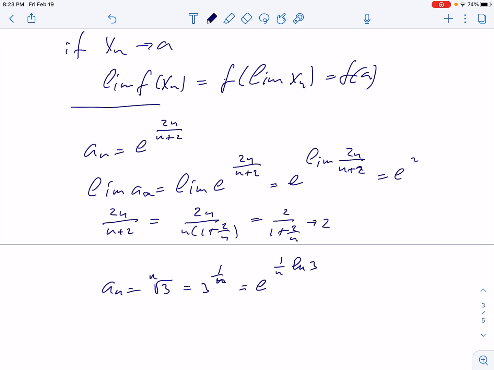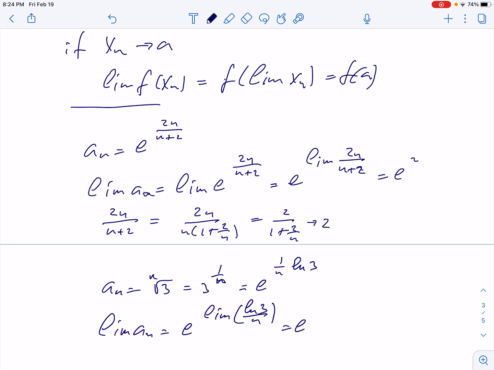And it practically becomes the previous example. Limit a sub n, bring the limit inside the exponential function, will be exponential to the power limit logarithm 3 over n. Because logarithm 3 is constant, this over n will approach 0. The limit is 0.